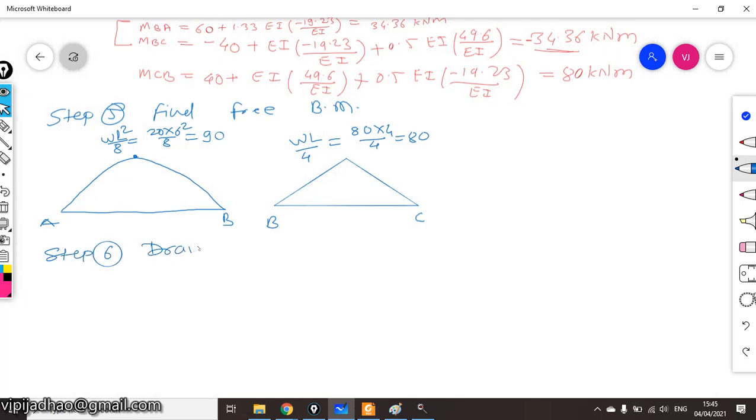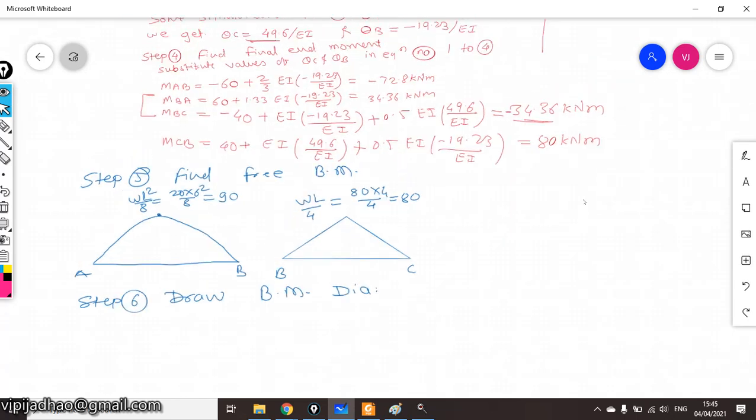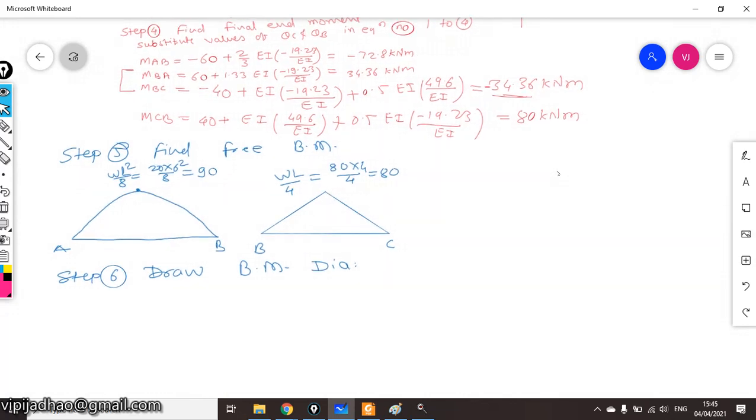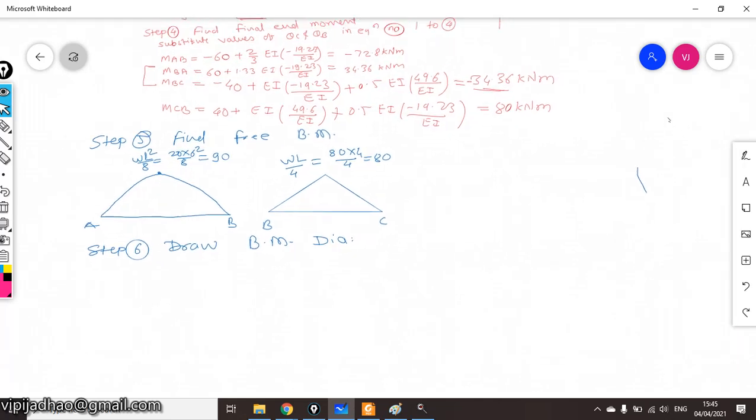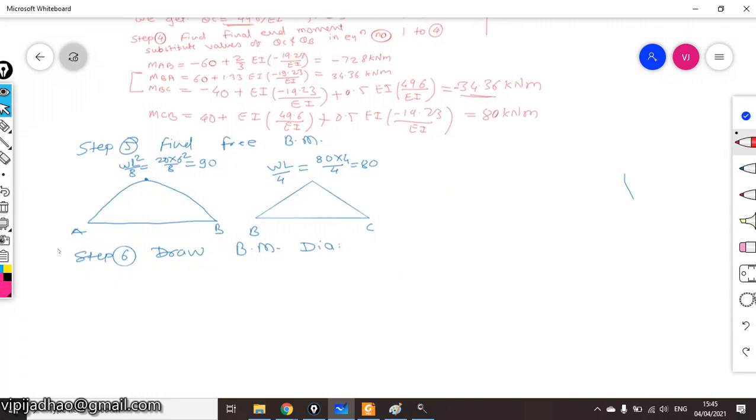Draw the bending moment diagram. Our original beam is something like this.